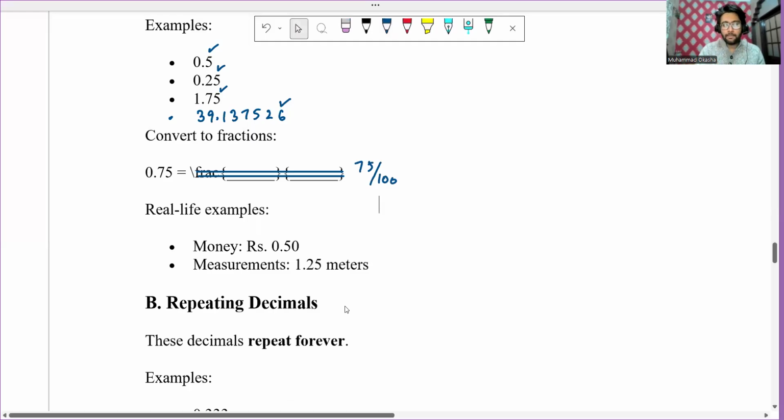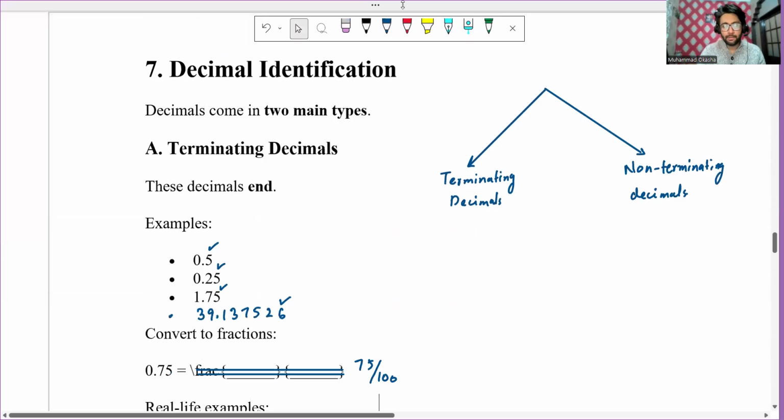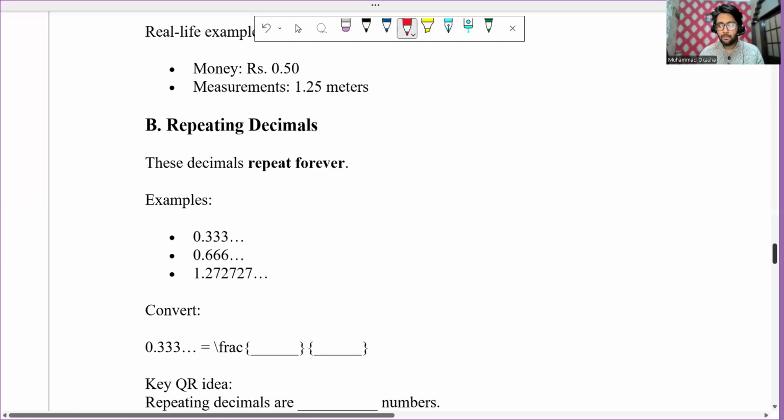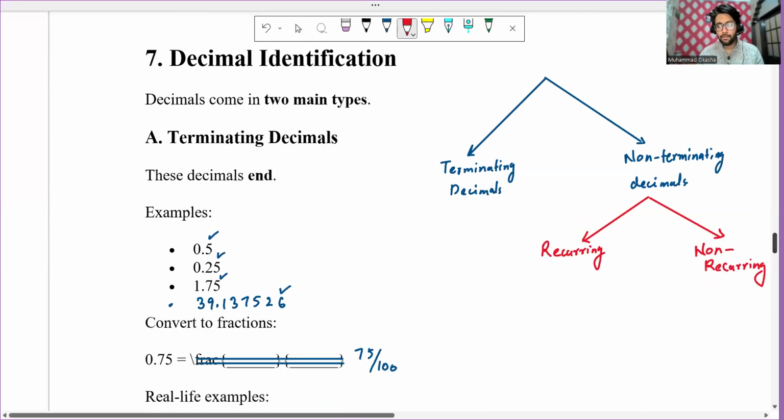Then you have decimals which are called non-terminating decimals. The non-terminating decimals are further divided into recurring and non-recurring.